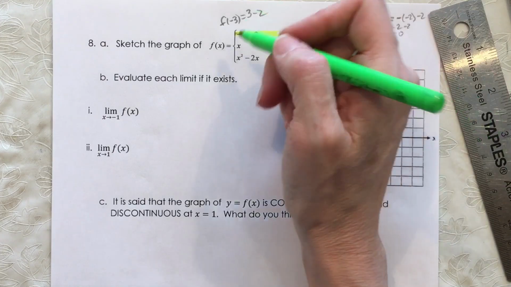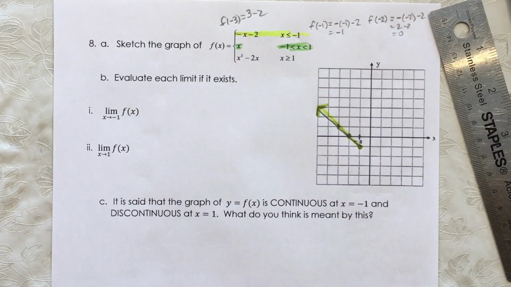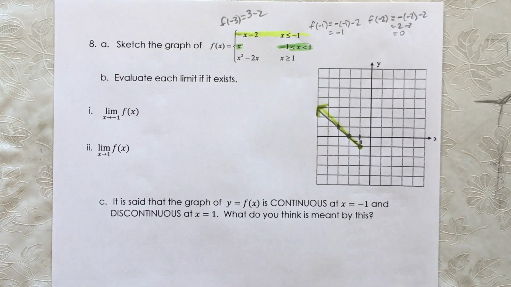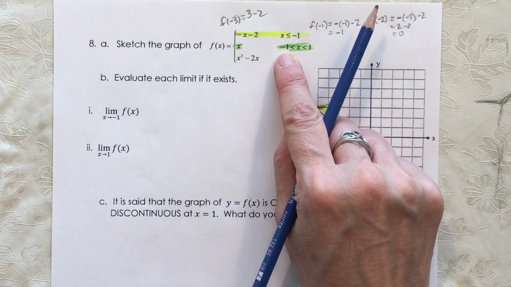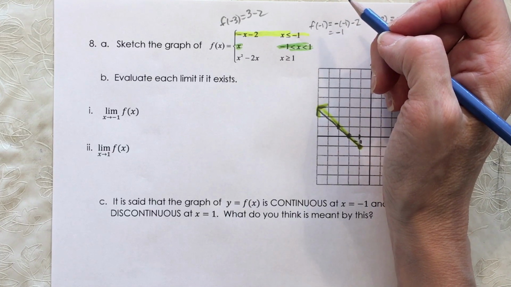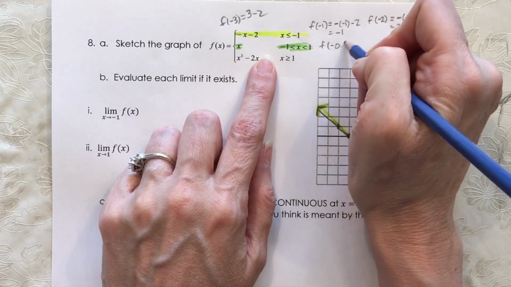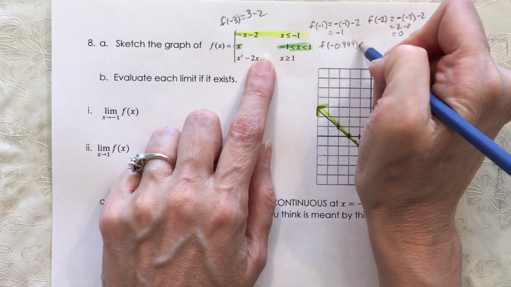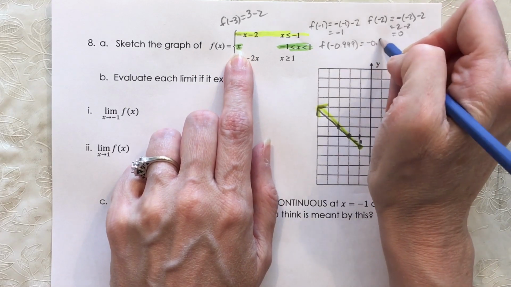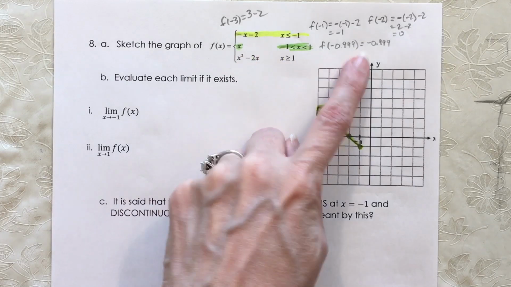Okay, so our second part, doing green here, is for x's between negative 1 and 1. So, x's that are greater than negative 1, so we can't be negative 1, but we could be like negative 0.99999. So if you think about that, f at negative 0.999 equals negative 0.999, because it's f at x equals x.